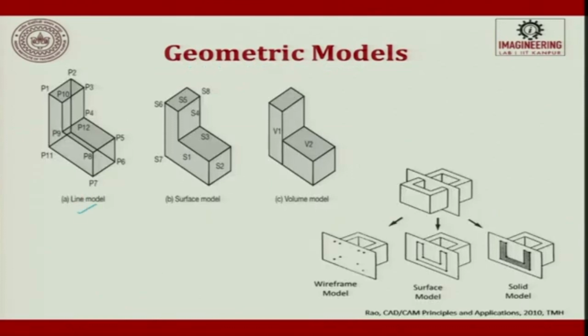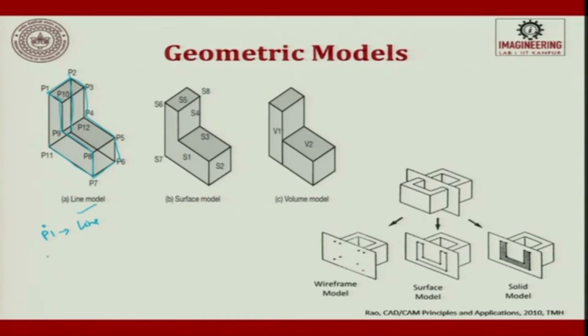This is a line model. In a line model, you express in points and then you express in lines. So, you join several points through lines. For example, here we start with P1, P2, P3, P4, 5, 6, 7, 8, 9, 10, 11, and then 12. So, this is a line model.